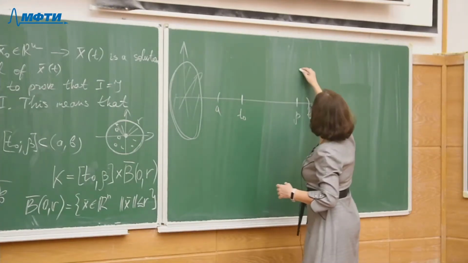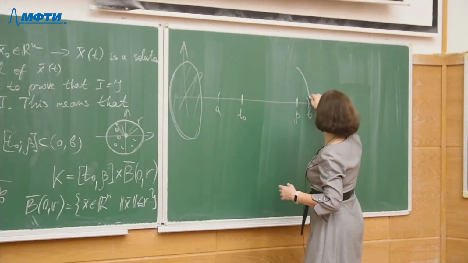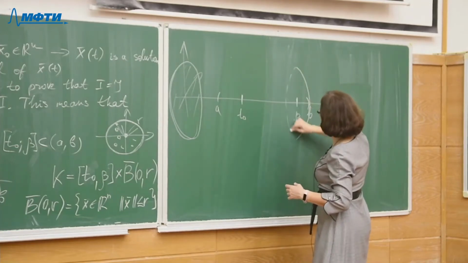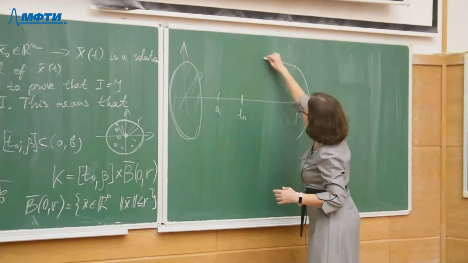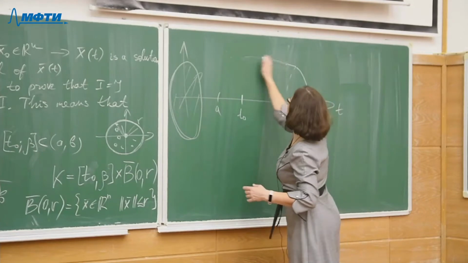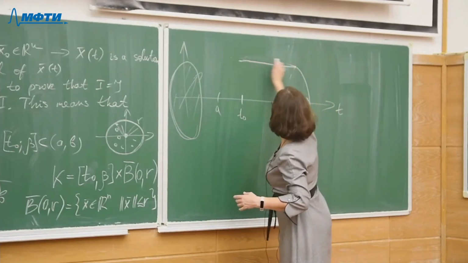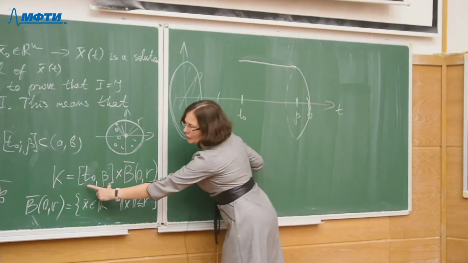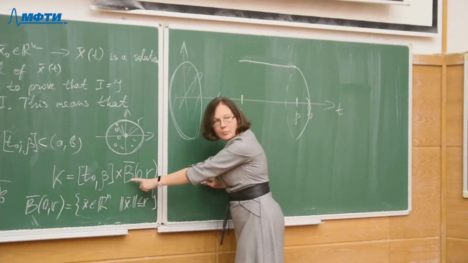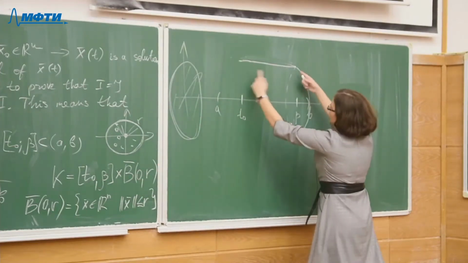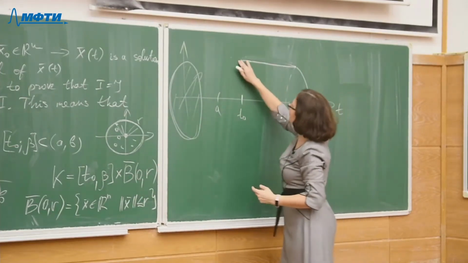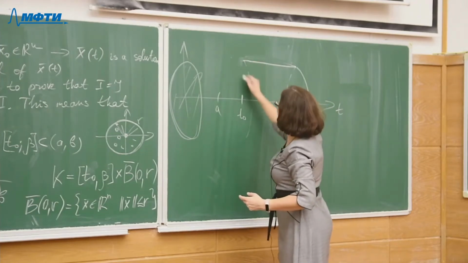So I'll try to draw the figure. This is the direct product. Since we have the direct product of the segment and the ball, right? The direct product will be this figure.